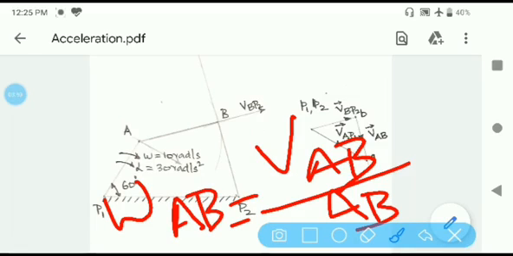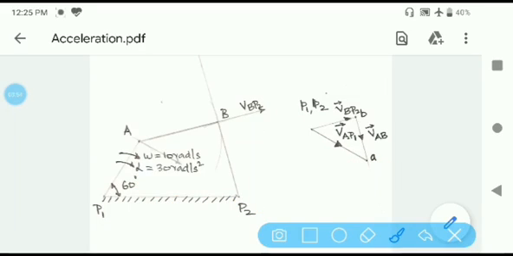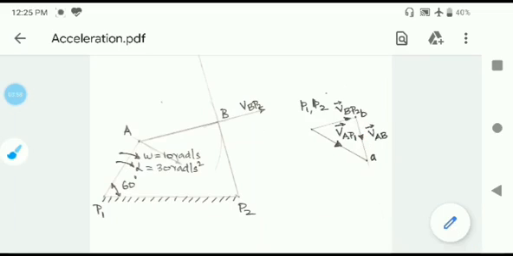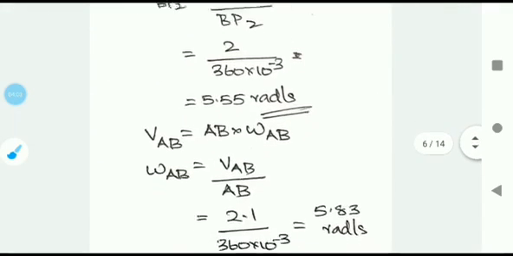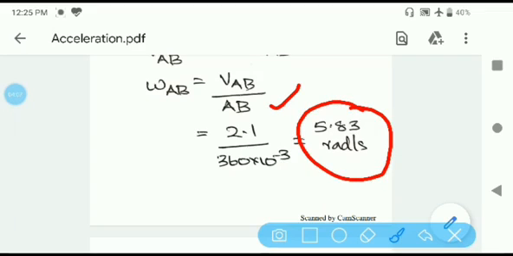Now velocity of A relative to B can be obtained by finding the measurement of the line BA from the velocity vector and then dividing by the length of that link. You get the angular velocity of link AB, which is approximately 5.83. Depending upon how accurate you have drawn the velocity vector, you will get close to these values.